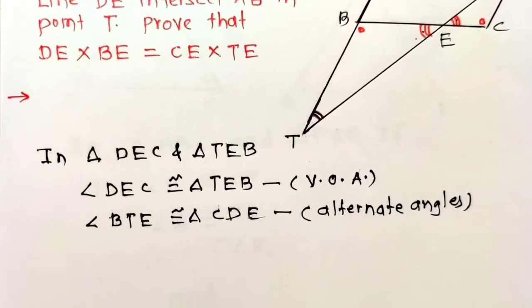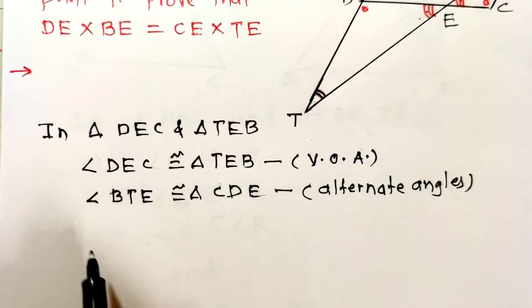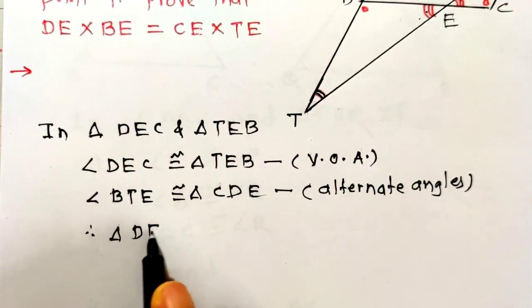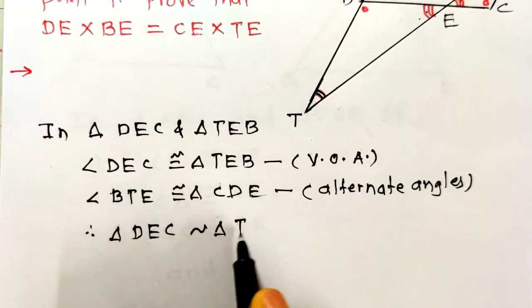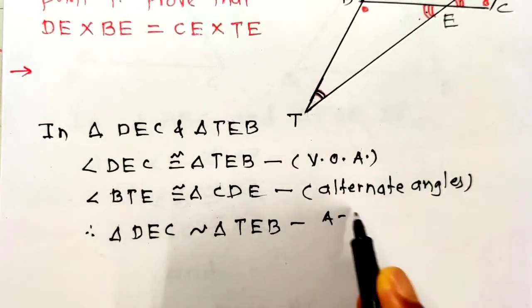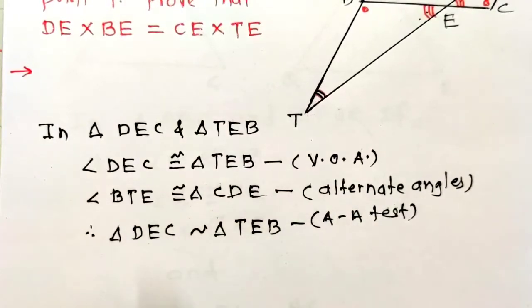Now when two pairs of corresponding angles become congruent, these triangles become similar. Therefore triangle DEC is similar to triangle TEB by AA test. In maximum sums we are using that AA test.